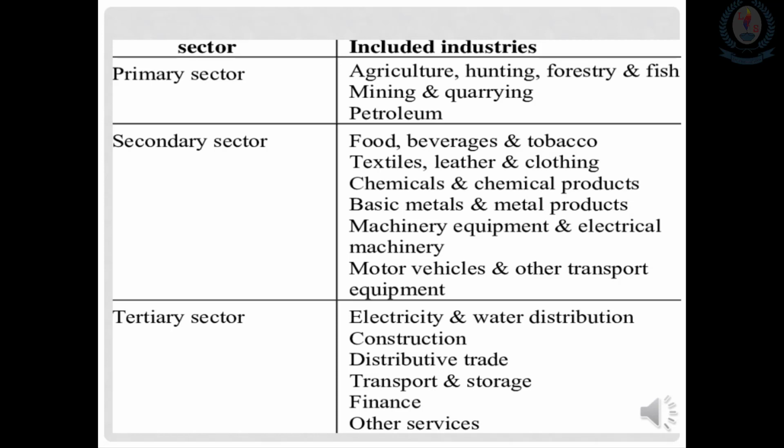The secondary sector includes food, beverages and tobacco, textiles, leather and clothing, chemicals and chemical products, basic metal and metal products, machinery, equipment and electrical machinery, motor vehicles and other transport equipment. The tertiary sector includes electricity and water distribution, construction, distributive trade, transport and storage, finance and other services.